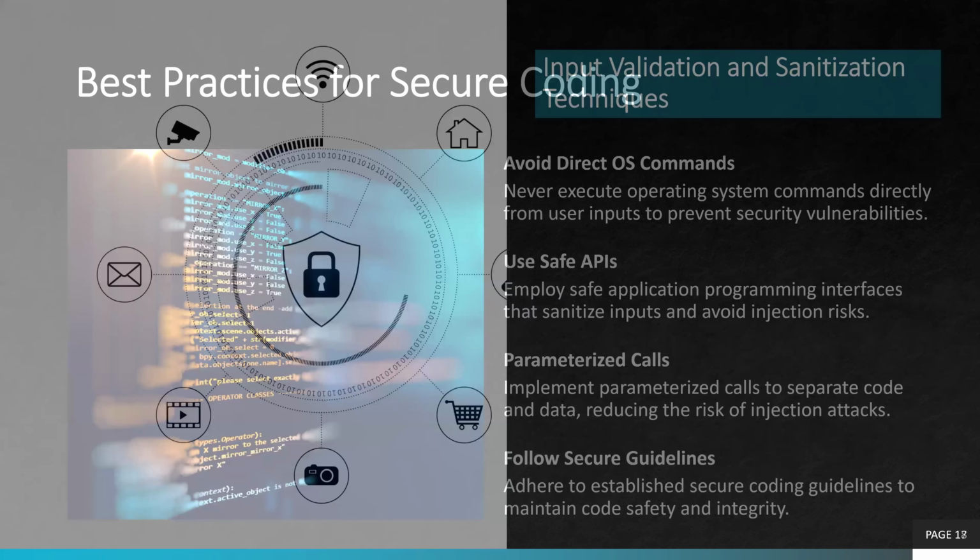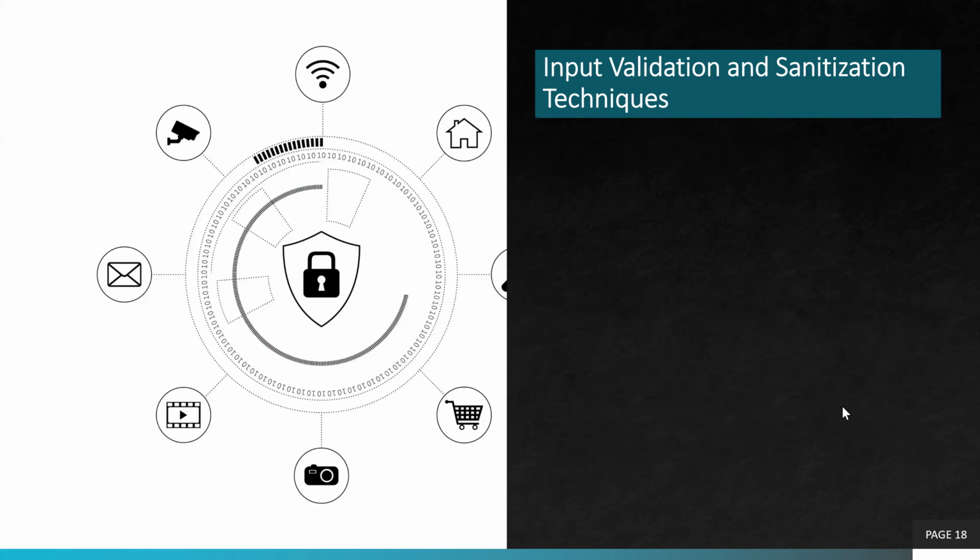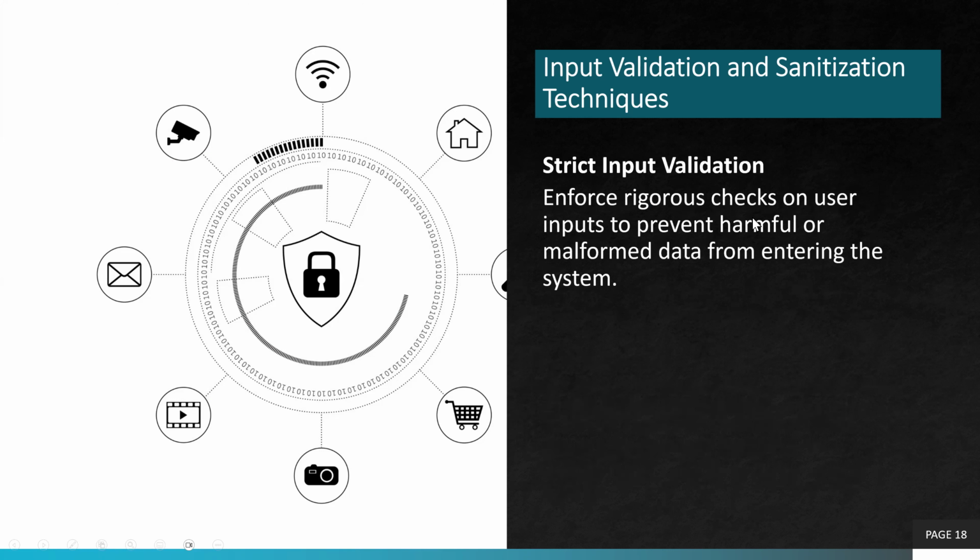And then we're going to talk about input validation and sanitization techniques. There are a lot of ways to restrict inputs for different reasons. Strict input validation: enforce rigorous checks on user input to prevent harmful or malformed data from entering the system.